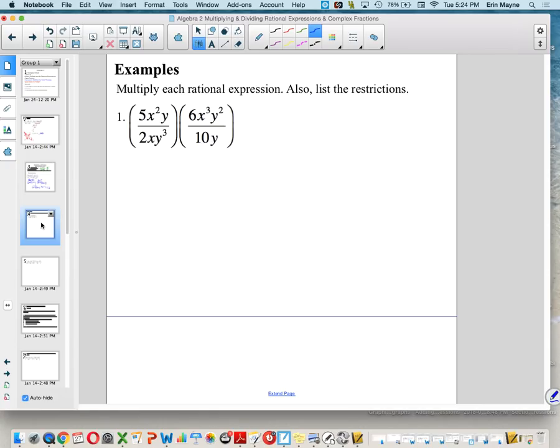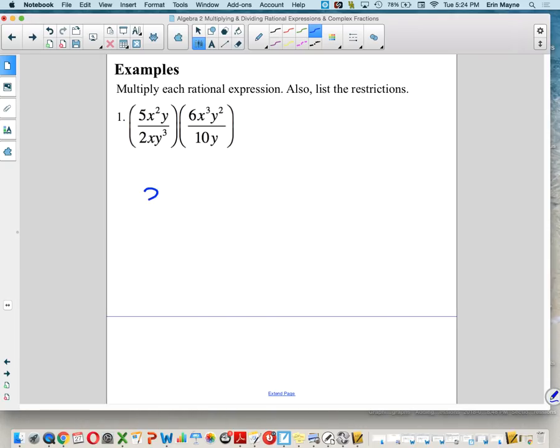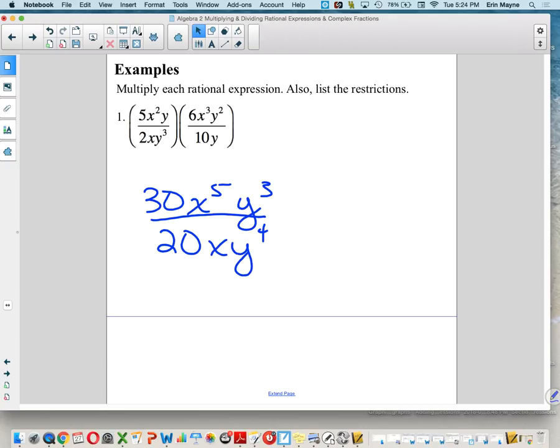Okay, so on this one, I think it's actually just as simple to say, okay, this is 30, 5 times 6 going across. X to the 5th comes from the summation of those exponents, and y to the 3rd is also on top. On bottom, I have 20x y to the 4th, and then I must reduce.